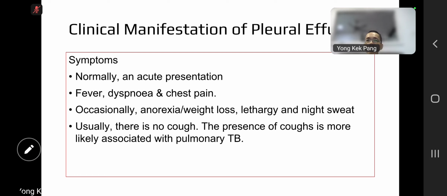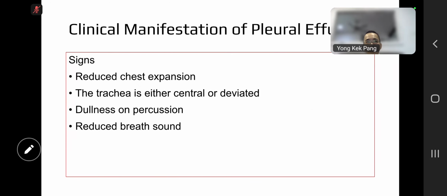Usually, because this is an extrapulmonary TB, there's no cough or very minimal cough, unless the patient also has concomitant pulmonary TB. Signs are signs of pleural effusion, which include reduced chest expansion.